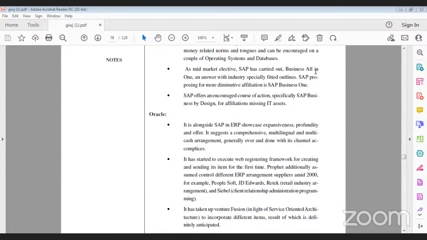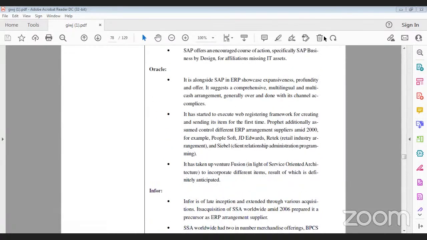Then there is a retail industry solution and customer relationship management software. It has taken up enterprise integration based on service oriented architecture to incorporate the different products, the result of which is definitely anticipated. Then the next point is Infor.